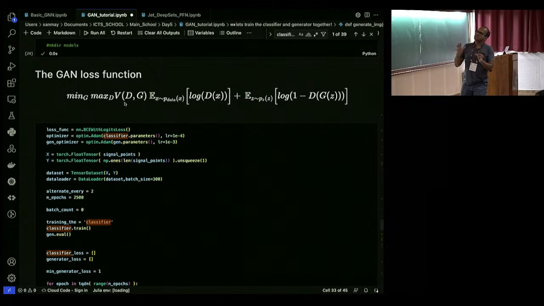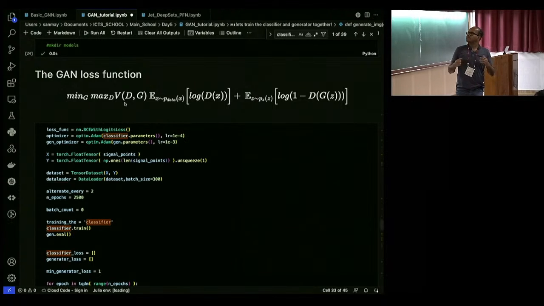There is the classical 2014 paper by Ian Goodfellow, which introduced this min-max loss. Until now what we were doing, we pre-trained the discriminator, the question you were asking, and then tried to train the generator itself.